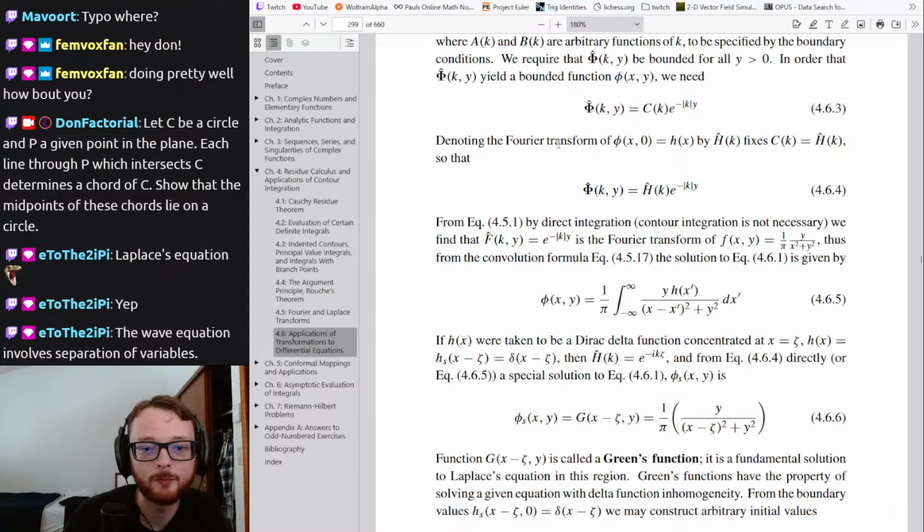Doing the Fourier transform of the boundary condition, phi of x comma 0, which I guess is one of our boundary conditions, by h hat of k fixes c of k equal to h hat of k. Thinking.